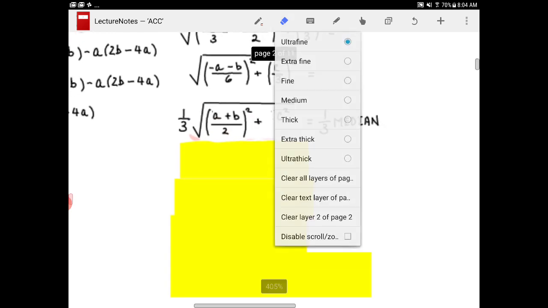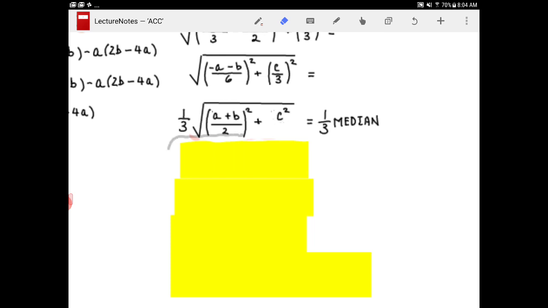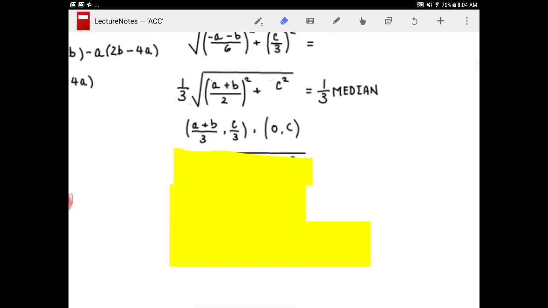And just for completion here, we're going to do this for the vertex. We're going to find a distance that the centroid is away from the vertex. So to do that, we're going to apply again the distance formula between the centroid and the vertex.